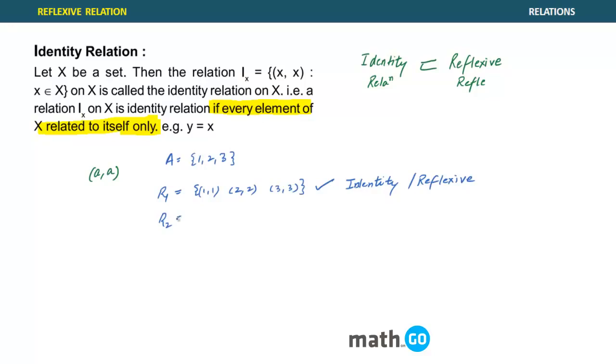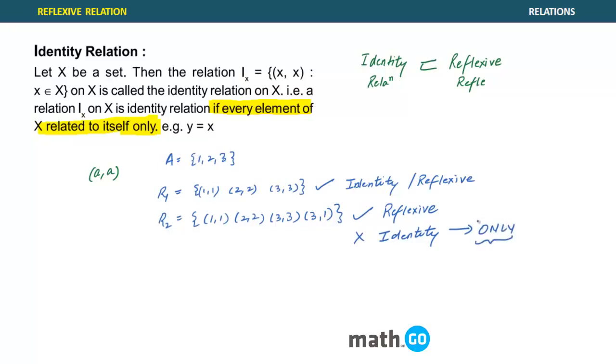Let me take the R2 relation now. R2 relation is 1 comma 1, 2 comma 2, 3 comma 3, and now it has 3 comma 1 also, right? So we just saw earlier that this is reflexive. It is satisfying the conditions of reflexive, but it is not an identity relation. For identity relation, the word you have to understand is 'only'. It should contain only those elements which map to their own selves.